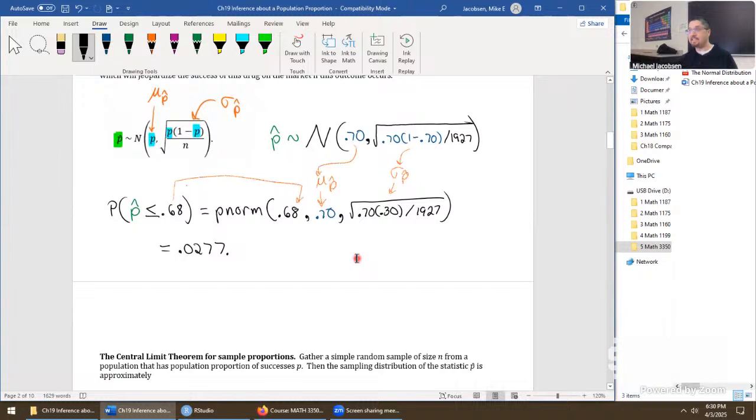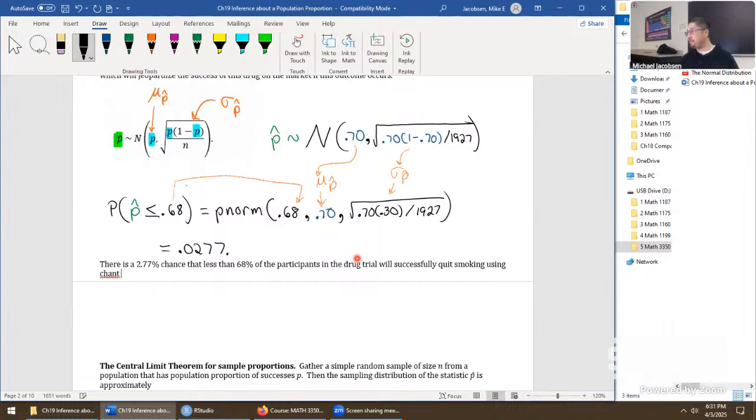So the conclusion here is that there is a 3% chance, or let's say what we had more accurately, a 2.77% chance that less than 68% of the participants in the drug trial will successfully quit smoking using Chantix.